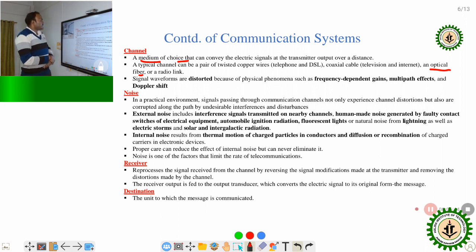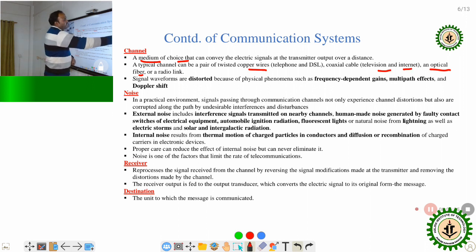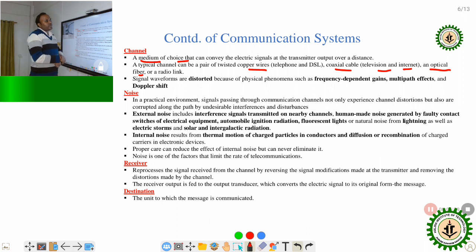These are some examples of channels. Normally copper wires are used for telephone or DSL, coaxial cable for television and internet purposes, and optical fiber for the high frequency range of communications. These are useful for different communication purposes.